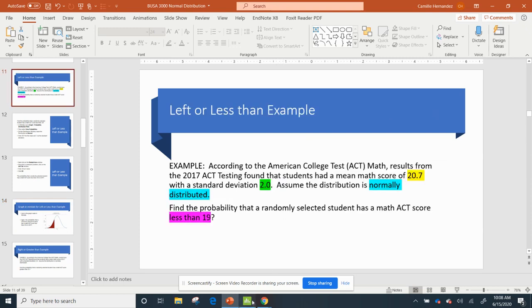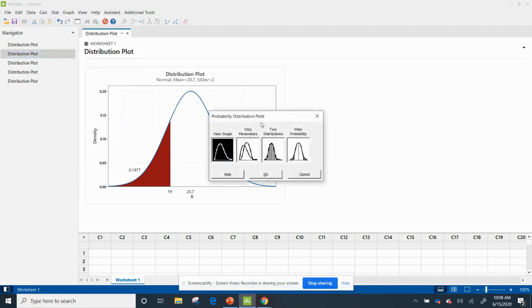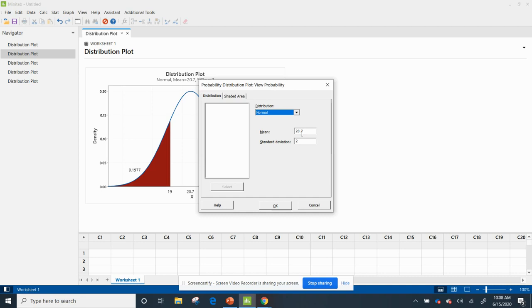Okay. So I'm going to go to Minitab and I'm going to go to Graph, Probability Distribution Plot, and I'm going to go down here to View Probability and hit OK. And you can see it has the little shaded areas. All right, first thing I'm going to do is make sure the distribution is normal. There's a lot of other distributions, but let's do it as normal.